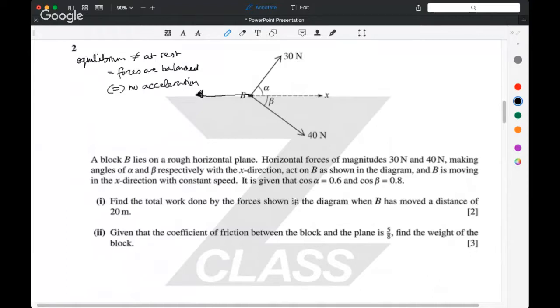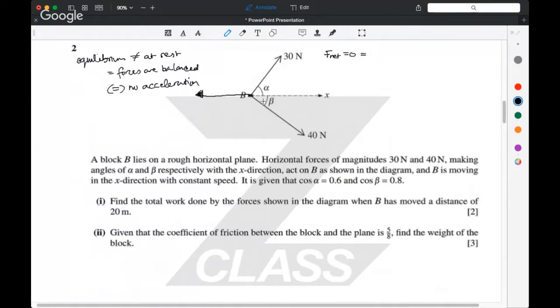So how do we work out what's going on? Well, we have some net force along the x direction, which is 0 because the thing is in equilibrium.